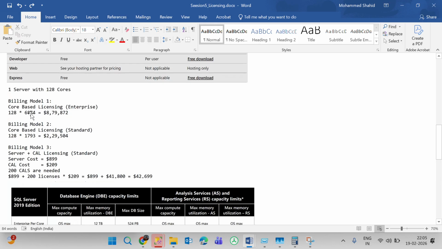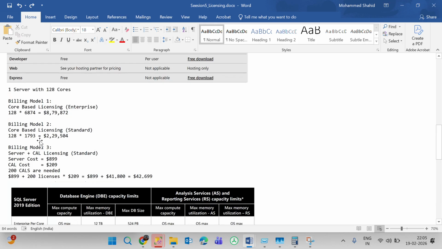So we have multiplied 128 cores by this much, and for the standard edition, 128 times 3,600 something, divided by 2, comes to 1,793.